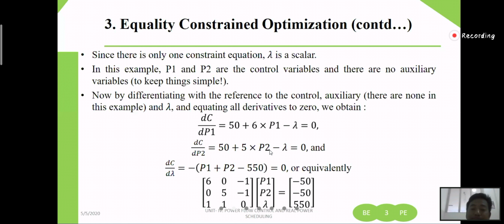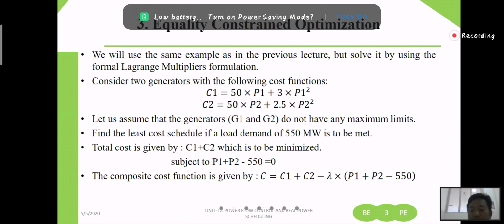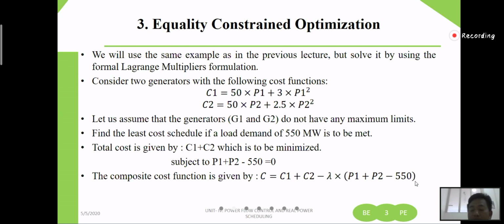Here P1 and P2 are control variables, right? We can adjust power generation P1 and P2, not lambda. There are no auxiliary variables as of now, because 550 is a fixed constant, and C1 and C2 are already given in terms of P1 and P2.